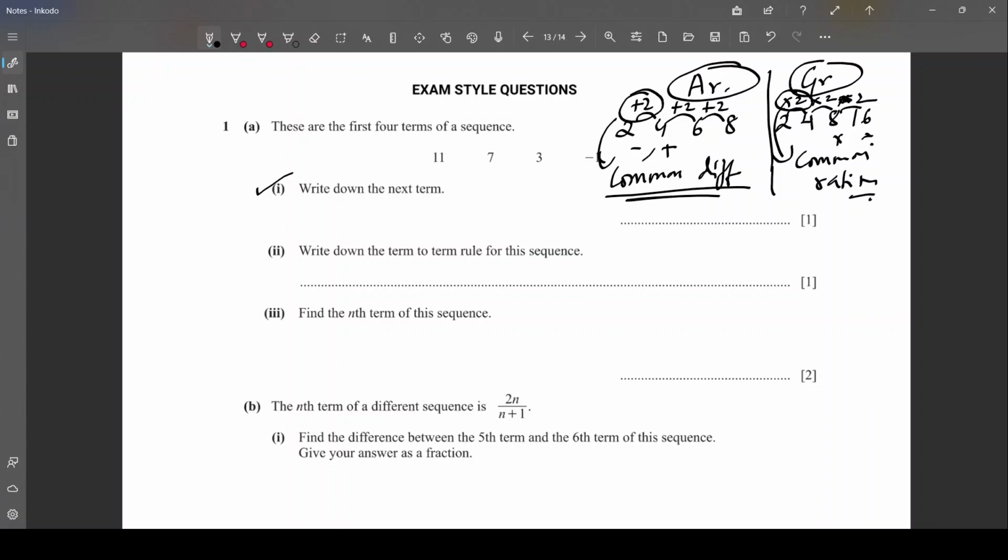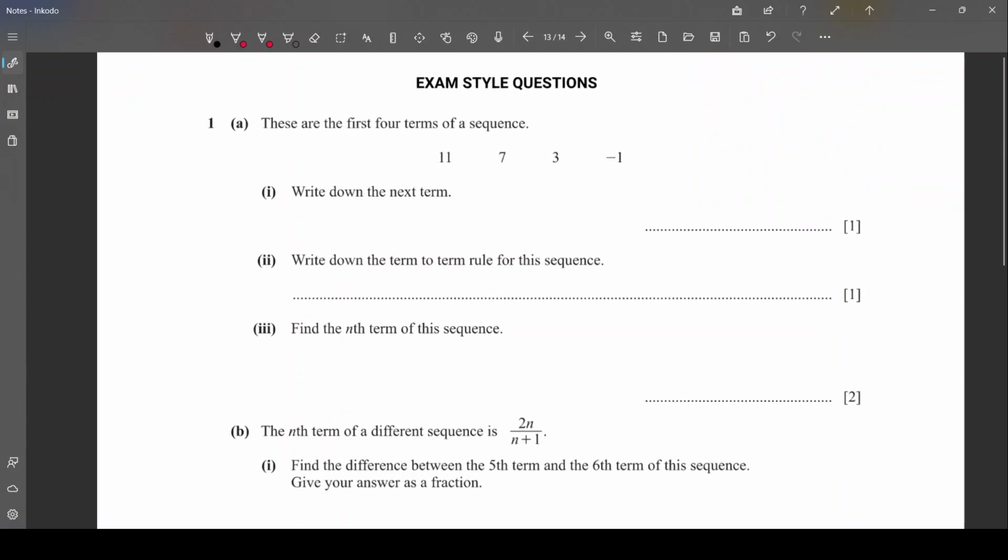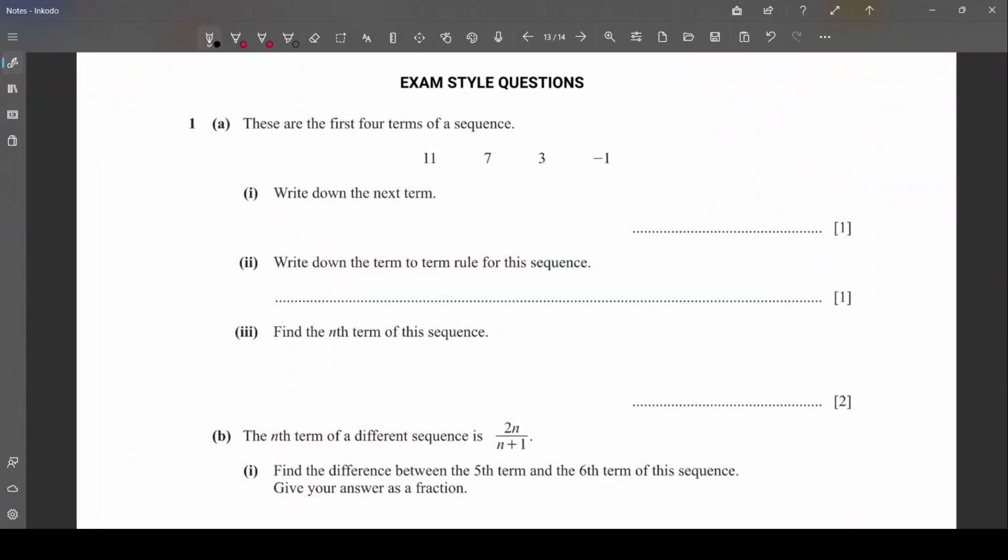So as you can see, this question is based on arithmetic sequence, as the difference is given as negative 4. The common difference is negative 4. To find out the common difference between two numbers, you have to subtract the first term from the second term.